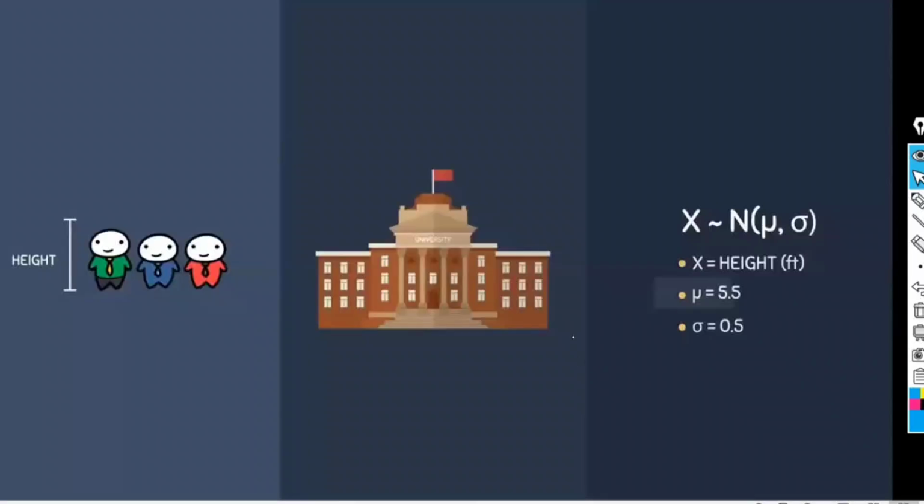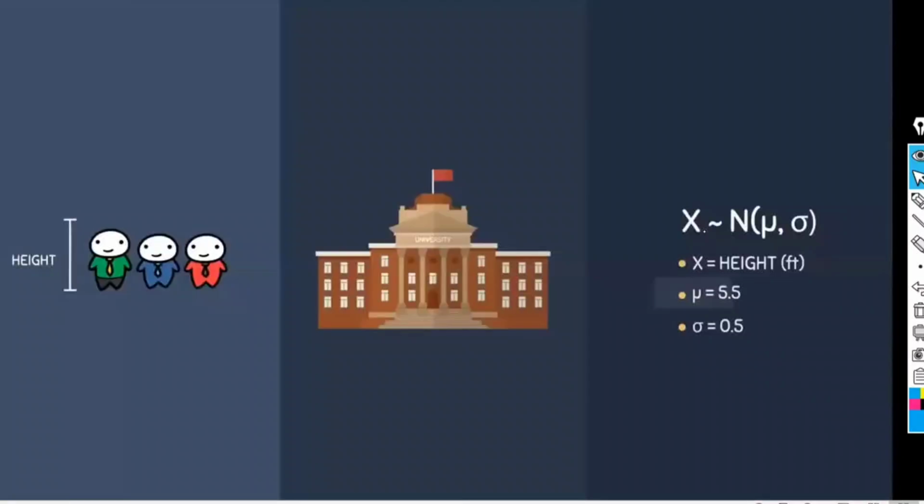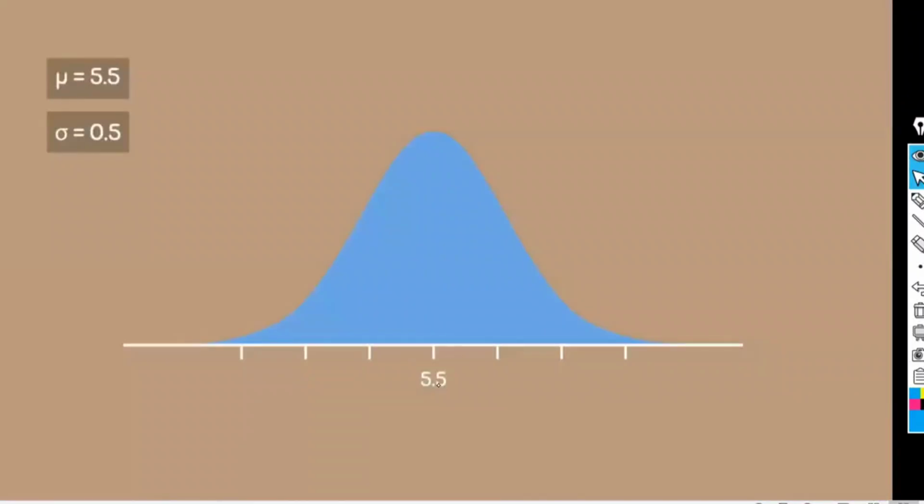Now, for example, in a university, you have measured the heights of the students. You have taken the data and it is following a normal distribution where the mean is 5.5 and the standard deviation is 0.5. That is plus 1 Sigma, plus 2 Sigma, plus 3 Sigma, minus 1 Sigma, minus 2 Sigma, minus 3 Sigma.